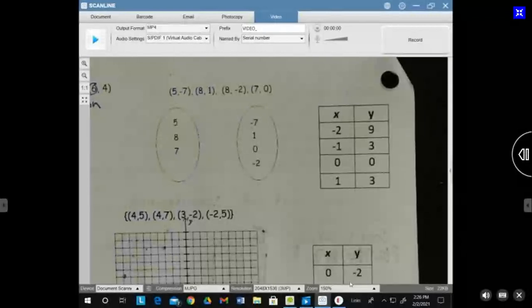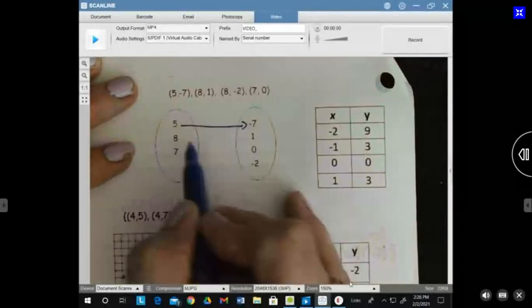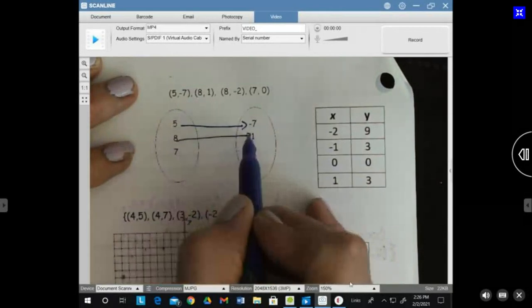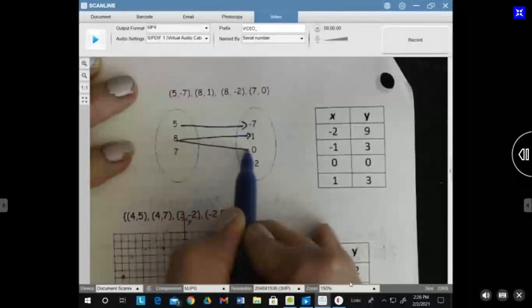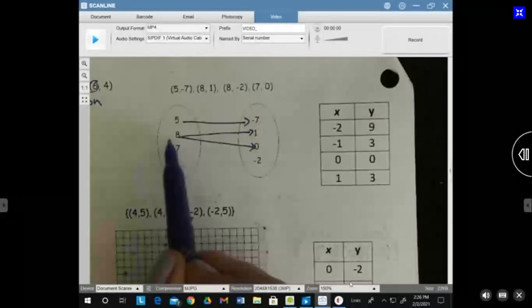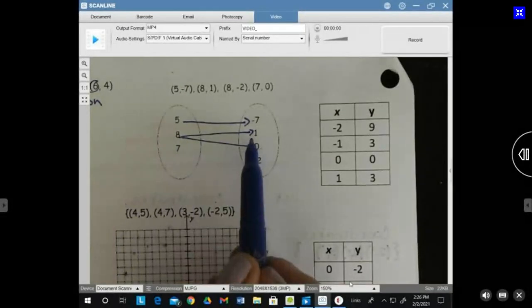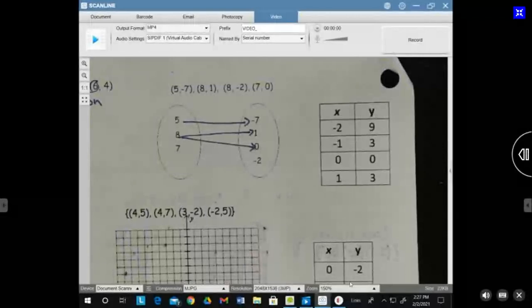Okay, so did you have a function? No. Good. You see how I ended up with 2 arrows coming out of one X? This one X has 2 Y's. And every X can only have one Y. Right?